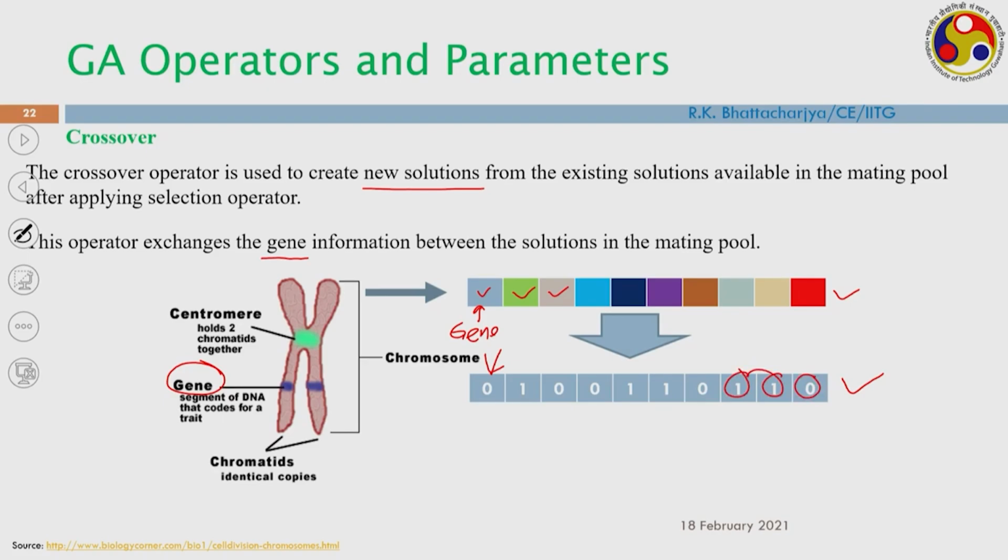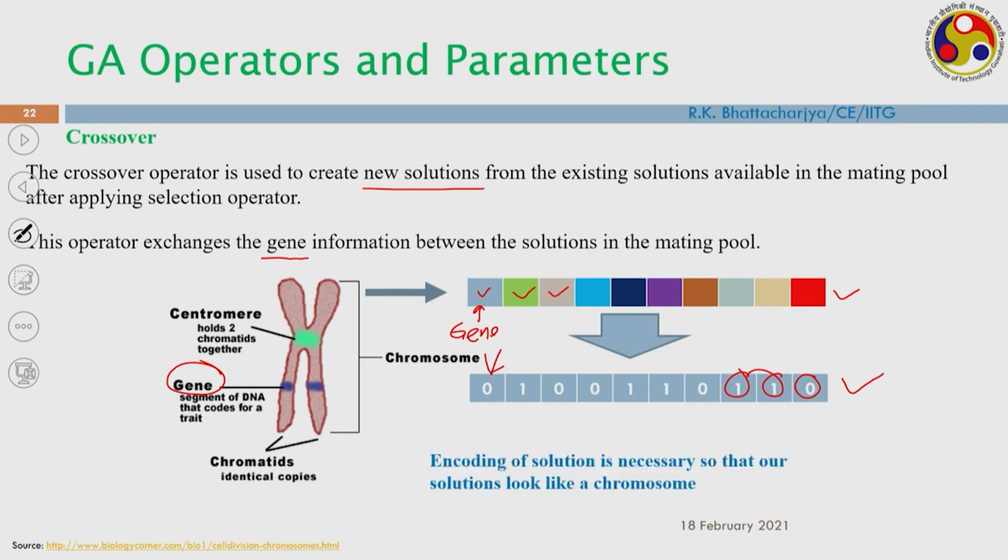I will explain how it bears those characteristics. So, this is a simple chromosome with gene information, and once we convert our solution like a chromosome, I can apply the crossover operator in order to create a new solution.